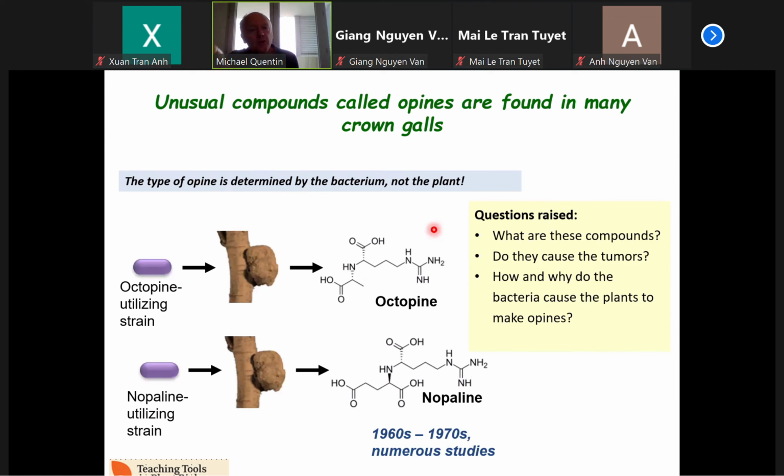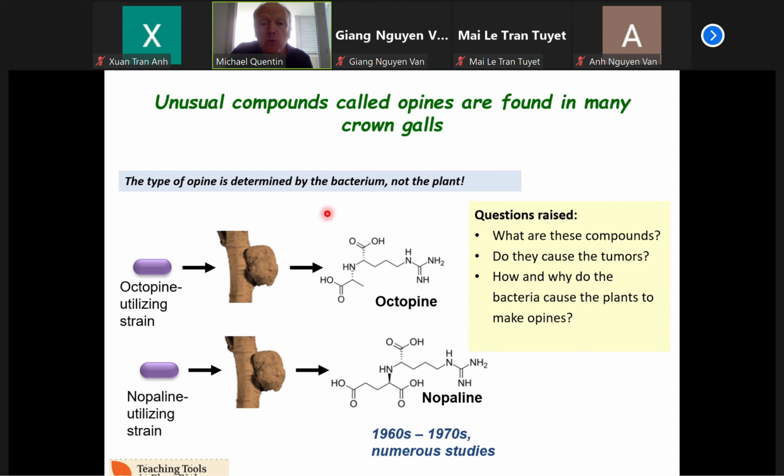Researchers also noticed that in the galls accumulated other compounds than auxin and cytokinins. These compounds are called opines. And those opines, those molecules that you can see here, are normally produced by bacteria, not by the plants.